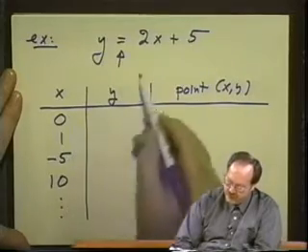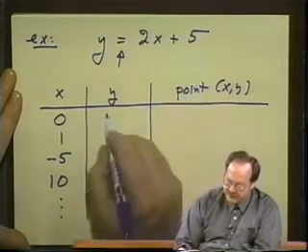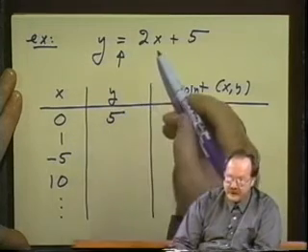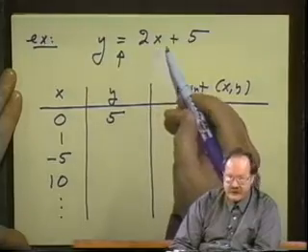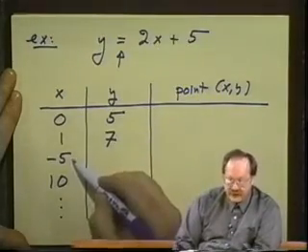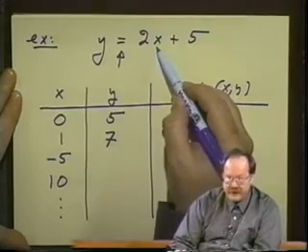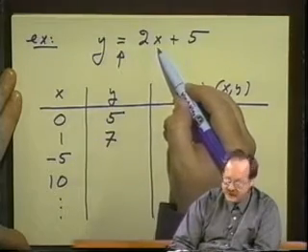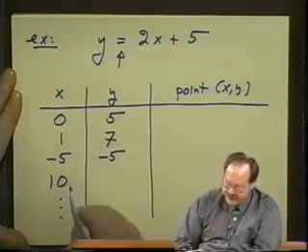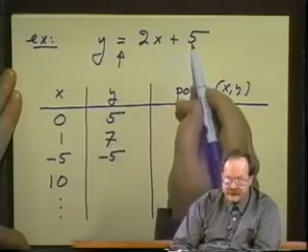So if x is 0, y will be 2 times 0 plus 5, which means y is 5. If x is 1, then y is 2 times 1, which is 2, plus 5. That's 7. If x is minus 5, then y is 2 times minus 5, which is minus 10, plus 5 is minus 5. And finally, if we put 10 in for x, we have 20 here plus 5.